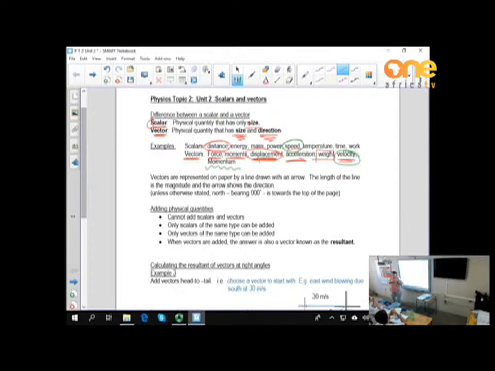Now, in the physics class, we can do it with a mathematical calculation, but we normally do it with a diagram. And when we represent a vector in a diagram, we represent it as a straight line. That would represent the size, and an arrowhead showing you in which direction that straight line is working.